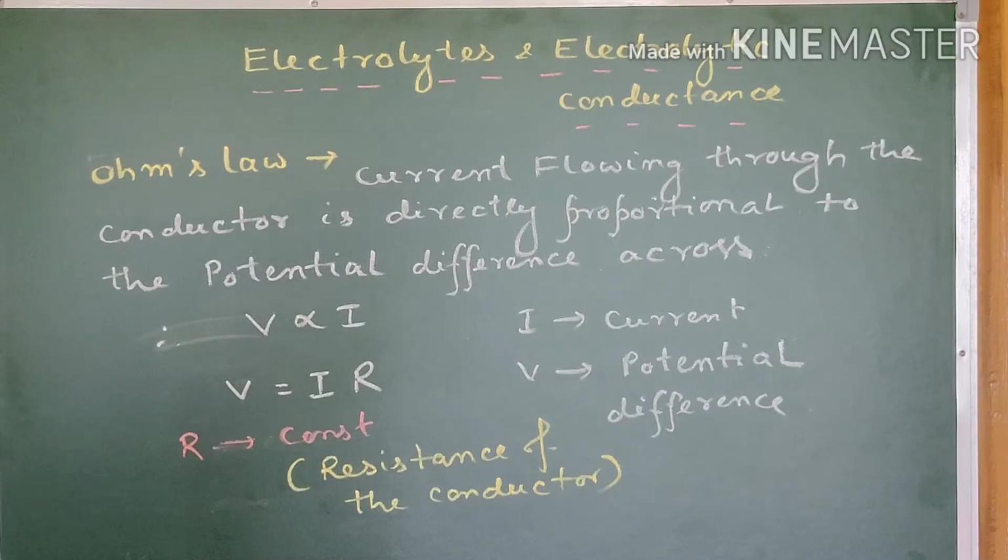Now, R is expressed in ohms and is represented by this symbol.